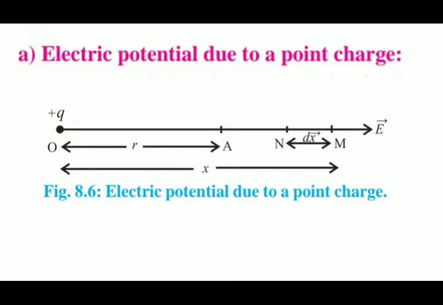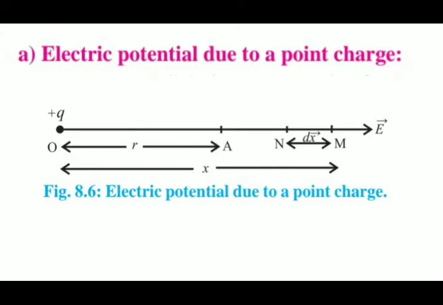We need to determine its potential at A. So this is point A, at a distance of r. The distance of this point A from this origin O is small r.